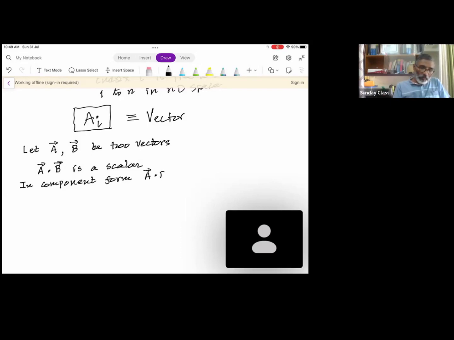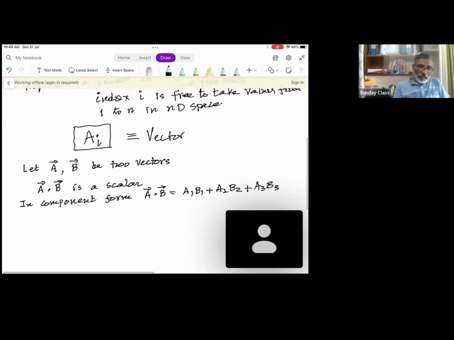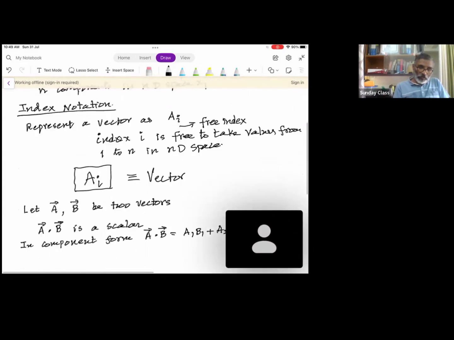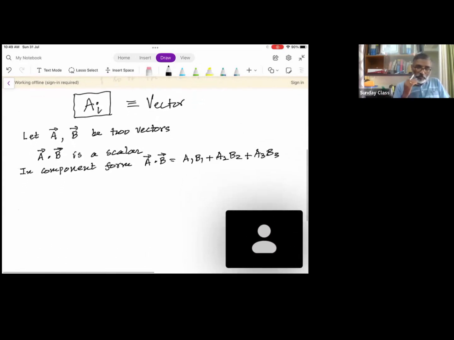A dot B is equal to A1 B1 plus A2 B2 plus A3 B3. Just like we had written here, A has components A1, A2, A3 and B has components B1, B2, B3.